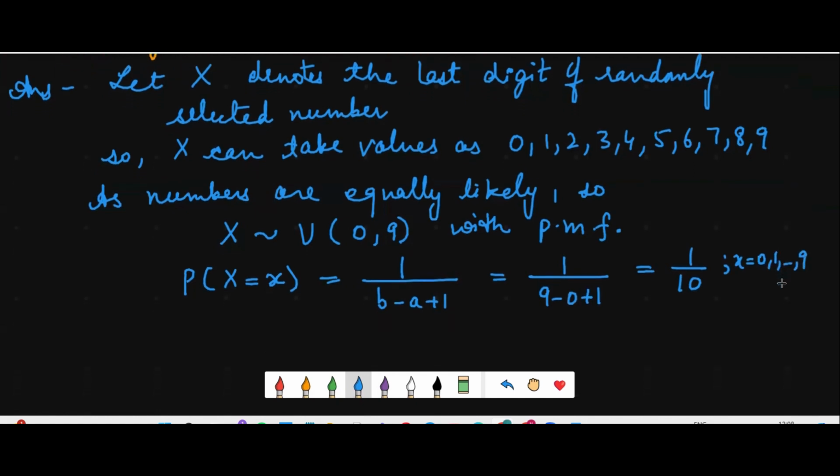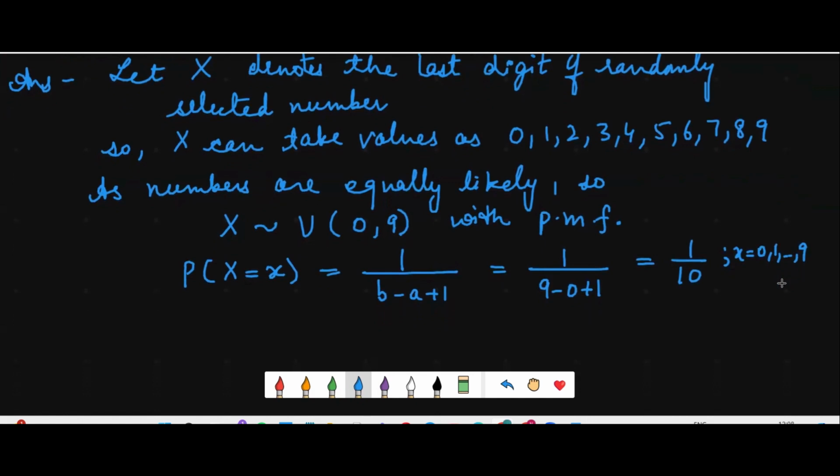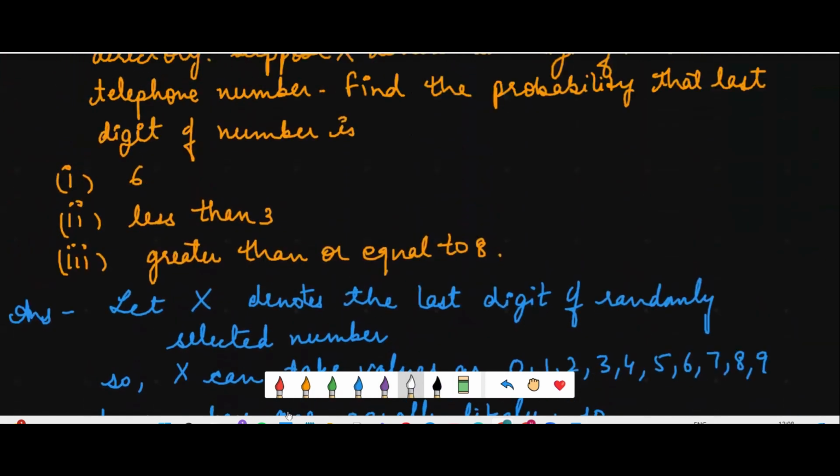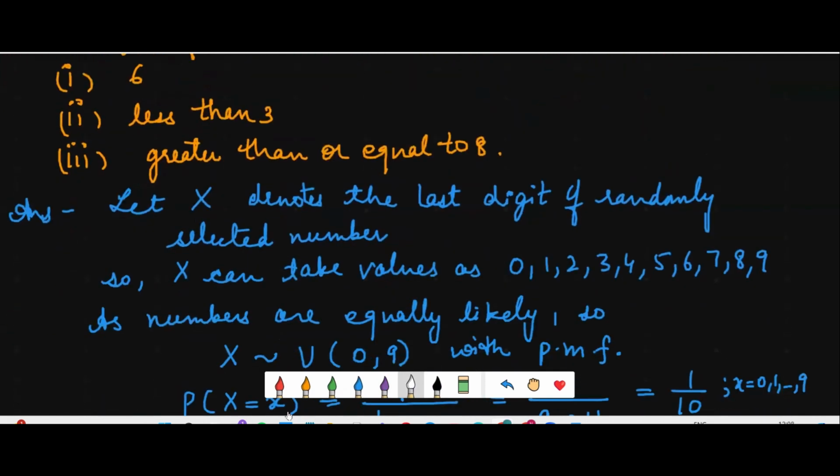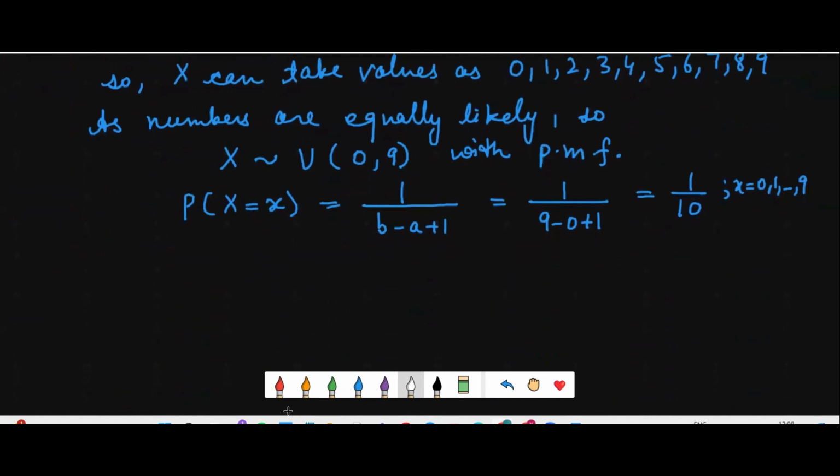So this is our probability mass function. So after this, we'll be solving the subparts. So the first part is what is the probability that the last digit is 6? So P of X equal to 6 is what you need to calculate. So this is nothing but 1 upon 10 only because it is equally likely.